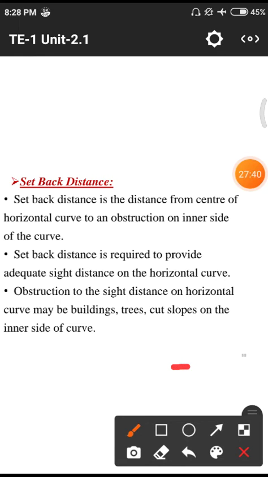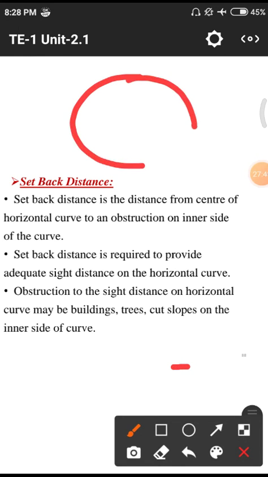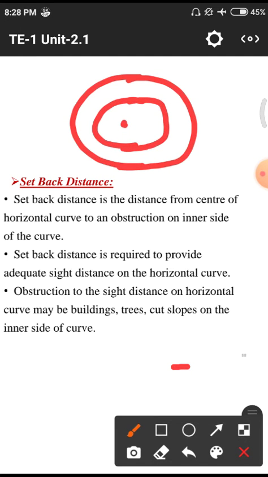I will explain with the help of a small diagram. This is the entire circle. This is the inner side of the circle. What is the outer periphery and inner periphery? The outer periphery has more value and the inner periphery has less value.